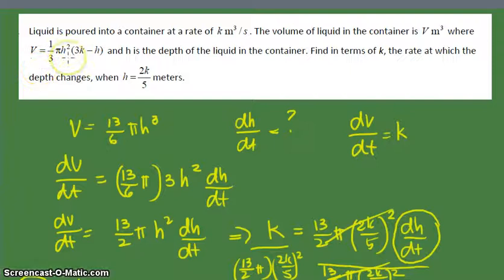And after that, you just differentiate properly. This is with respect to time. So the derivative of V with respect to time is dV over dt, and the rate of change in h is dh over dt. And then just continue simplifying until you get what you want to find. Okay, so that's it.